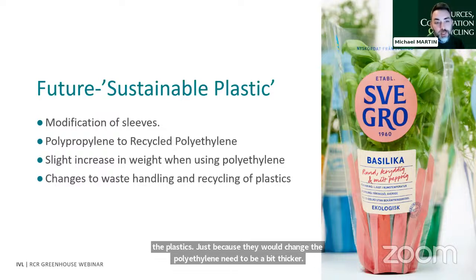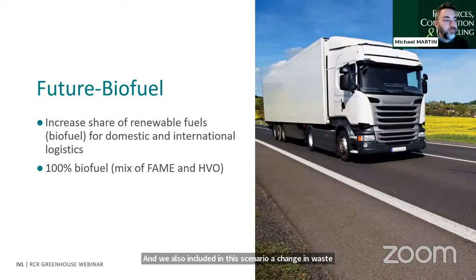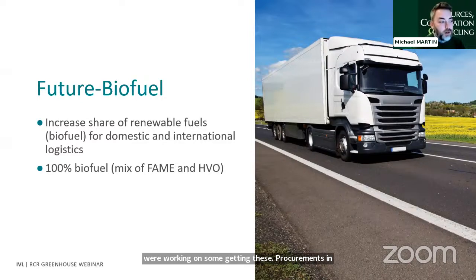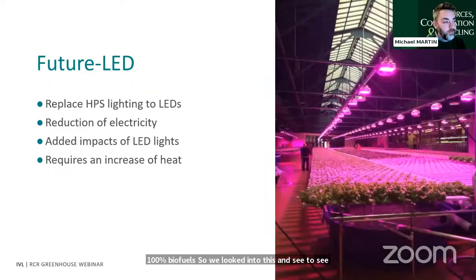And we also included in this scenario a change in waste handling and recycling of the plastics. Then we did a scenario for future biofuels, because they were working on getting these procurements in place so that all of their logistics could be 100% biofuels. So we looked into this to see what would happen.